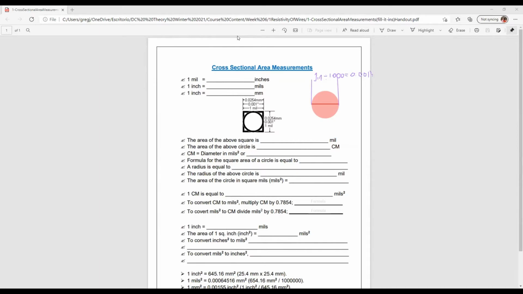If we take this 1 mil that we have in this conductor, and now, let's say here, this is just to make a projection for my conductor. This is my conductor. So I have 1 mil of thickness.